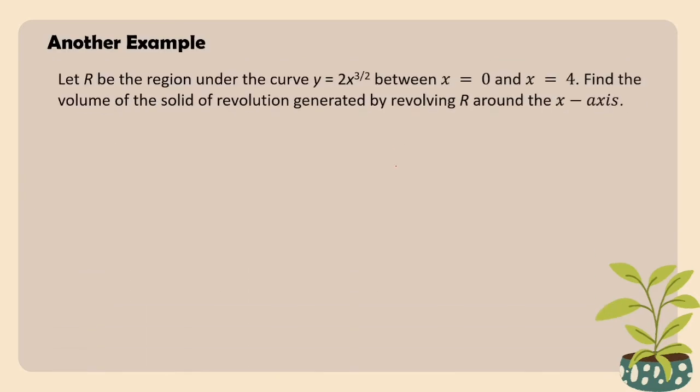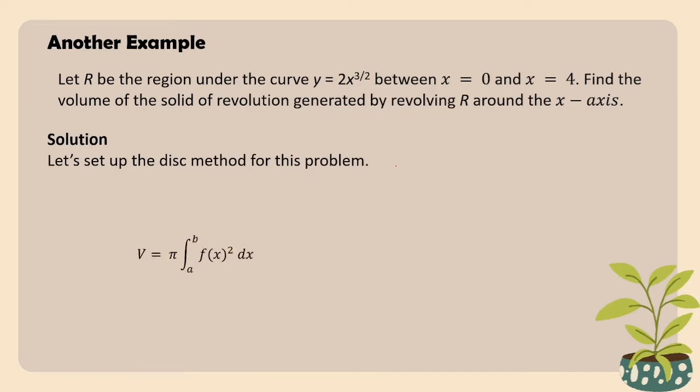Okay, another example: let R be the region under the curve y equals 2x to the power of 3 halves between x equals 0 and x equals 4. Then find the volume of the solid of revolution generated by revolving R around the x-axis. So let's set up the disk method for this problem, using the formula pi integral from a to b of f of x squared dx.